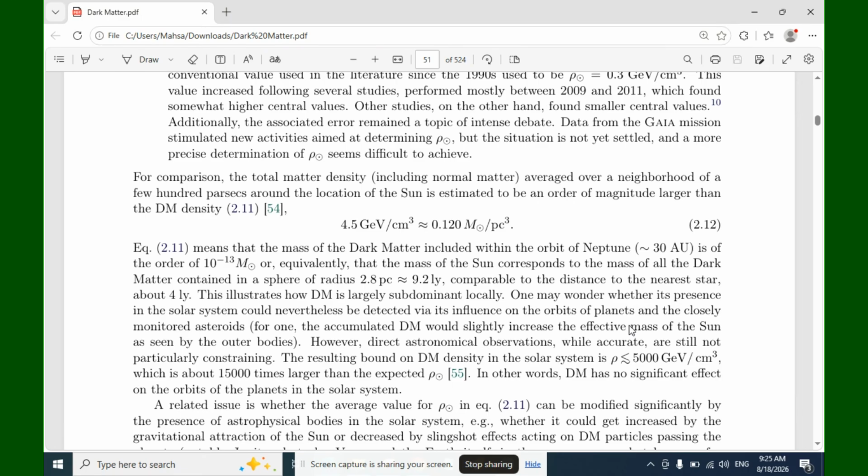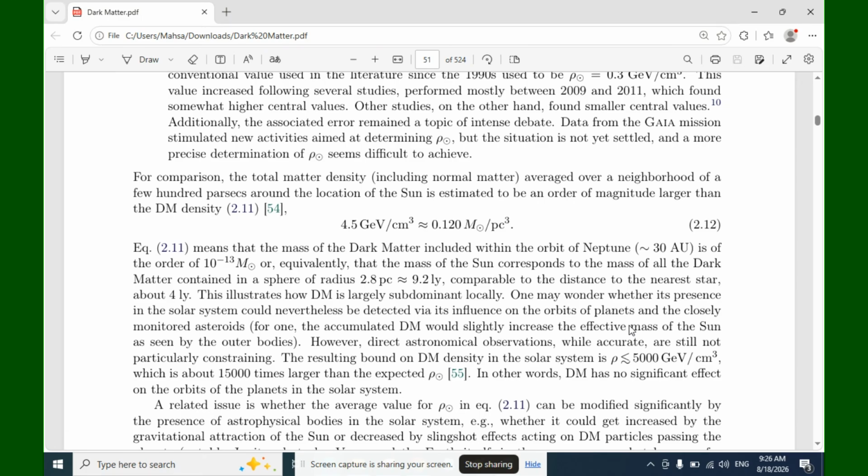One may wonder whether its presence in the solar system could nevertheless be detected via its influence on the orbits of planets and closely monitored asteroids. For one, the accumulated dark matter would slightly increase the effective mass of the Sun as seen by the outer bodies. However, direct astronomical observations, while accurate, are still not particularly constraining.